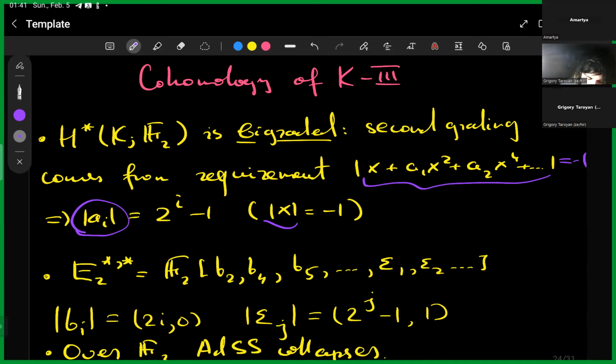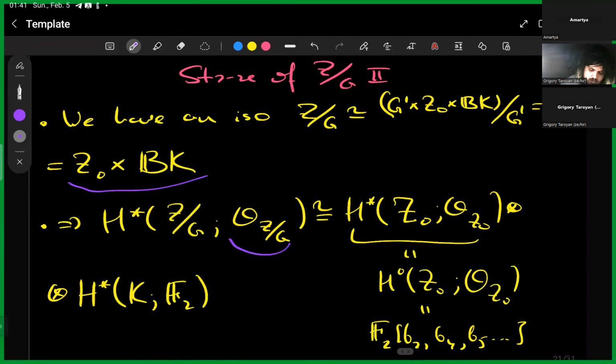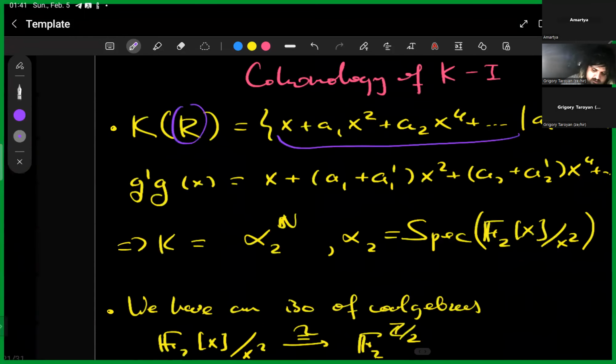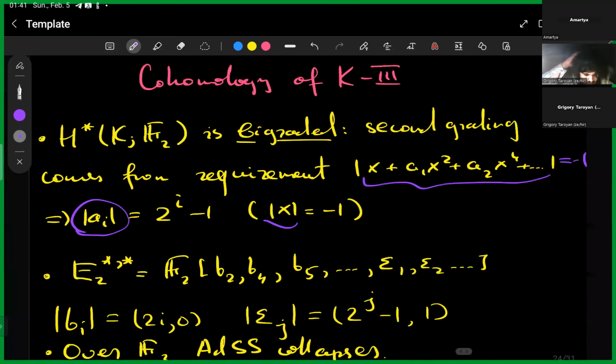And now we can use this isomorphism that we saw earlier, this one, to see that the second page of the Adams spectral sequence for MU over F2, in characteristic 2, is equal to the following ring of polynomials generated by the following generators with bidegrees (2i, 0) and (2^j - 1, 1).